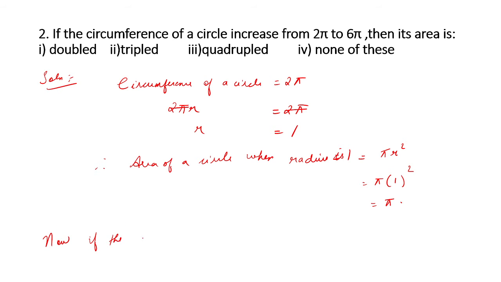Now if the circumference is increased, the circumference of a circle is increased from how much to how much? From 2 pi to 6 pi. Therefore, I'll write this as circumference increased is equal to 6 pi.